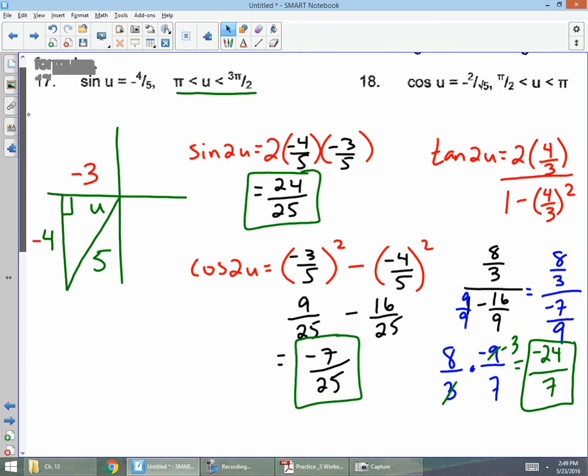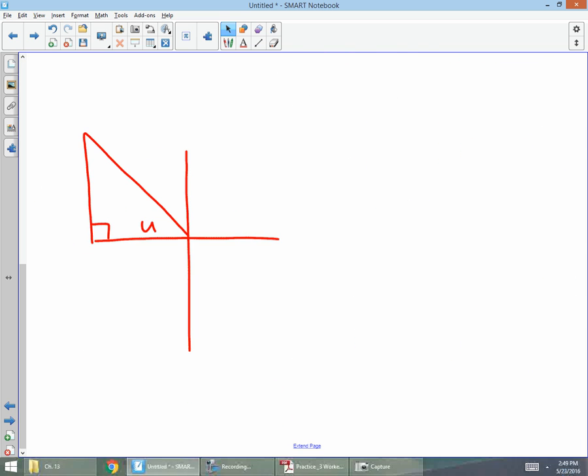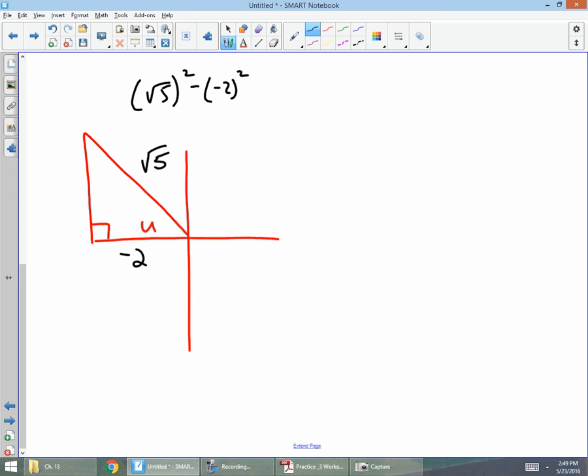So we're going to do negative 2 over the square root of 5. Let's break out our Pythagorean theorem here. We end up with the square root of 5 squared minus negative 2 squared equals x squared.